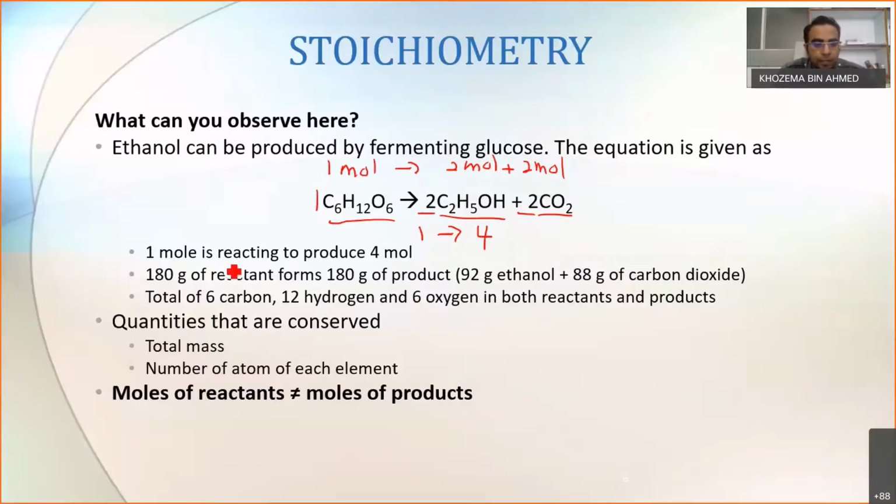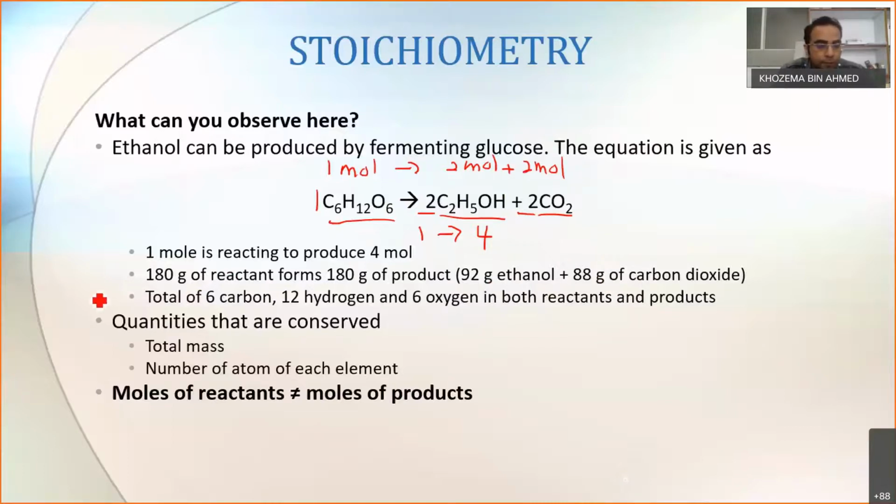Okay, and then let's say you have 180 gram of reactant, which is your glucose. It will produce 180 gram of product, meaning that from that 180 gram, 92 gram will be ethanol and 88 gram will be carbon dioxide.